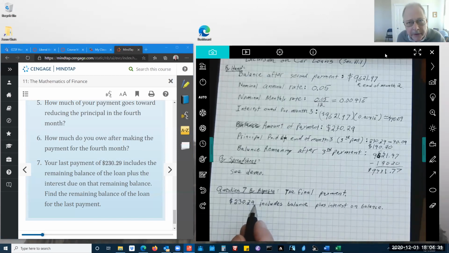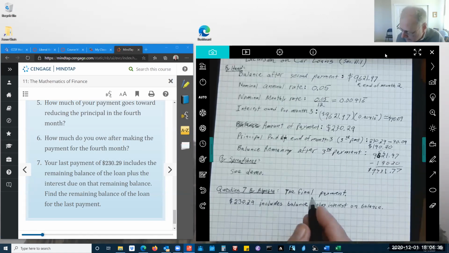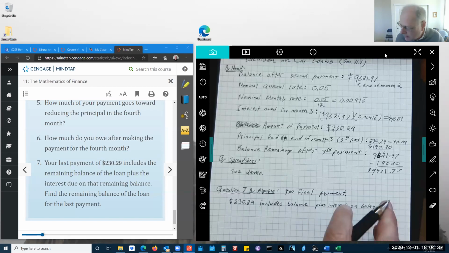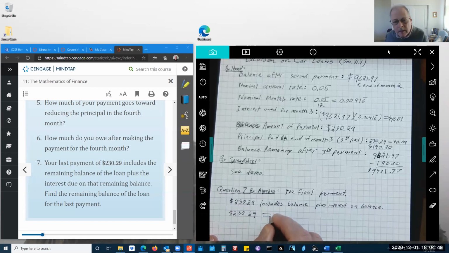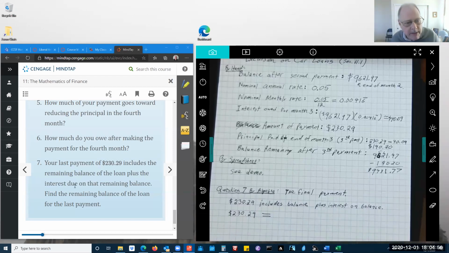The $239 that you pay for your very last payment includes the balance plus the interest on the balance. So it equals that remaining balance at the last month. Isn't that what they're asking us to find?